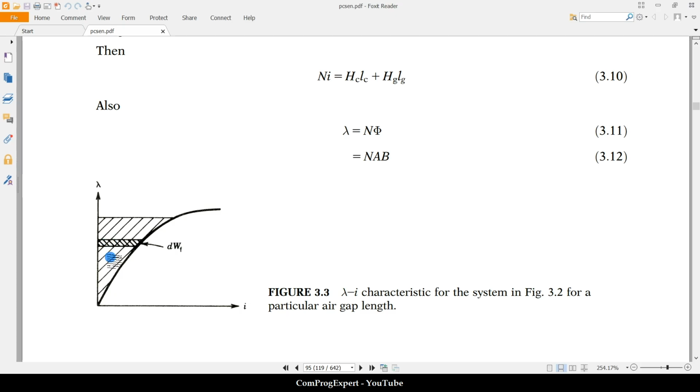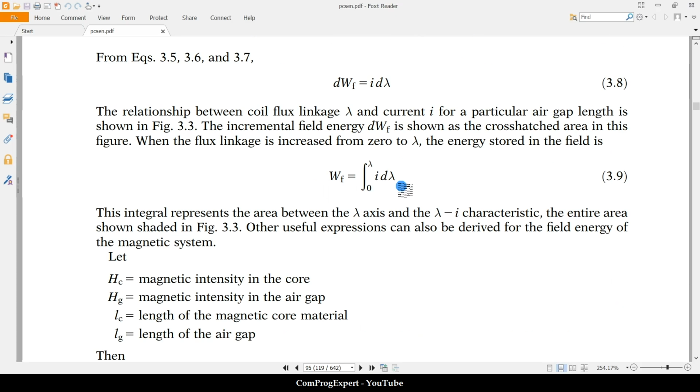Okay, so this equation explains the stored energy in the magnetic field in terms of circuit quantities, flux linkage and current.